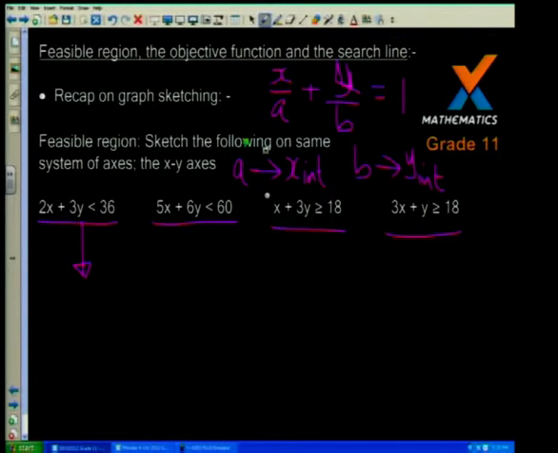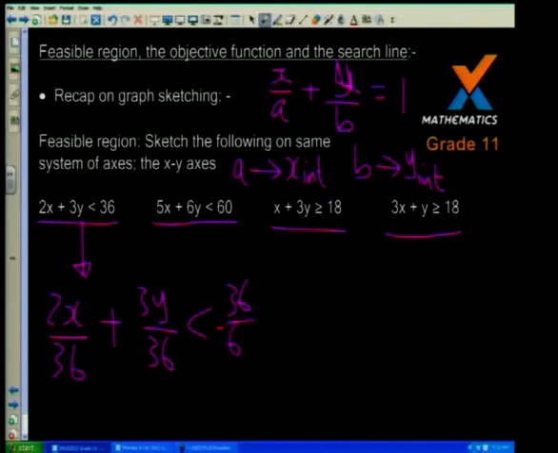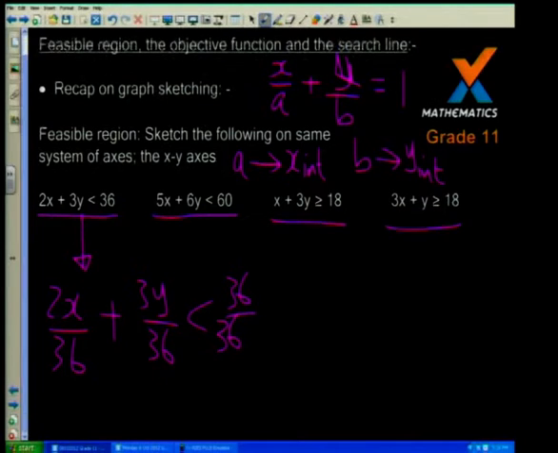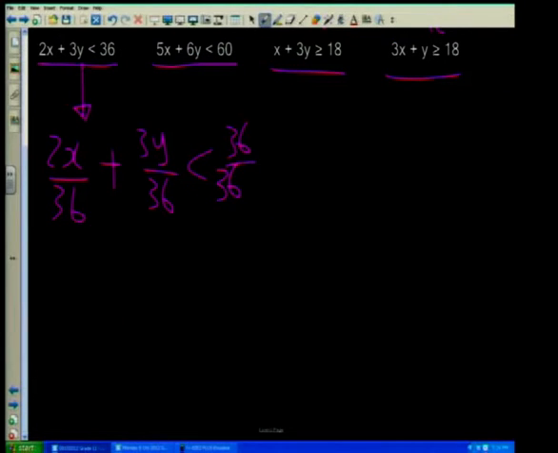Therefore, I have to divide both sides by 36. So I will say 2x over 36 plus 3y over 36 must be less than 36 over 36. And what comes out now is 2 goes into 36, 18 times. 3 goes into 36, 12 times. And there is the one that we've been desiring to get.